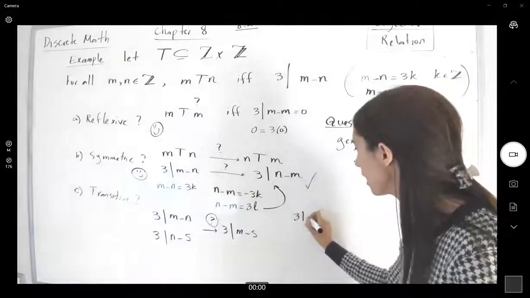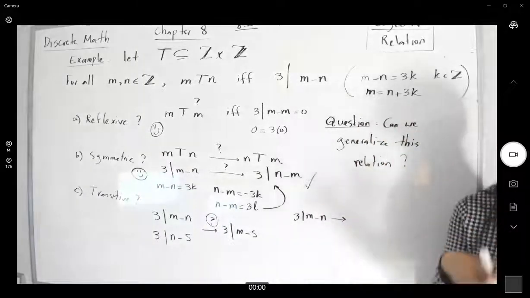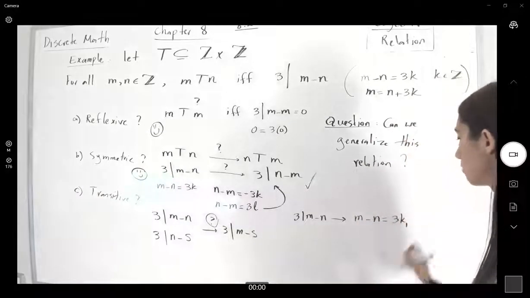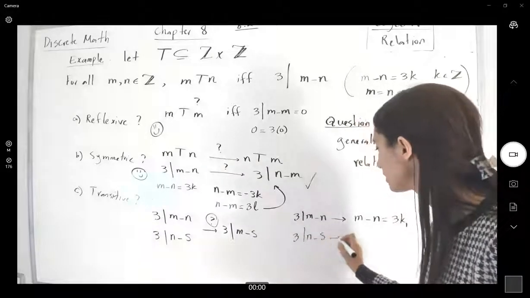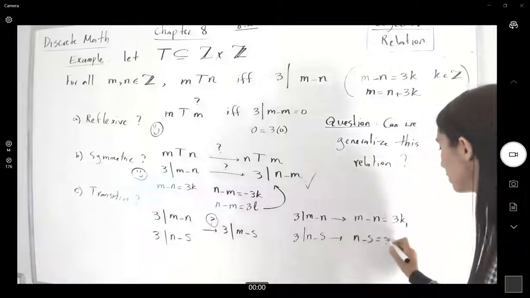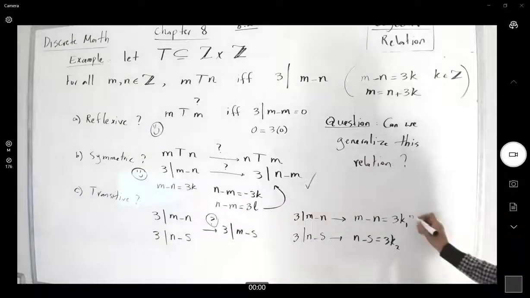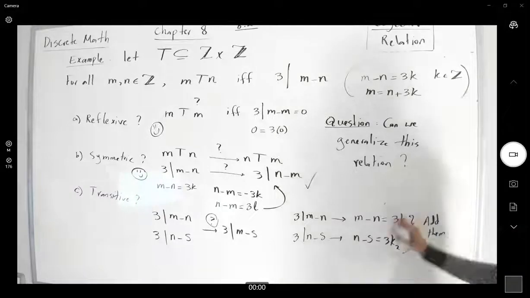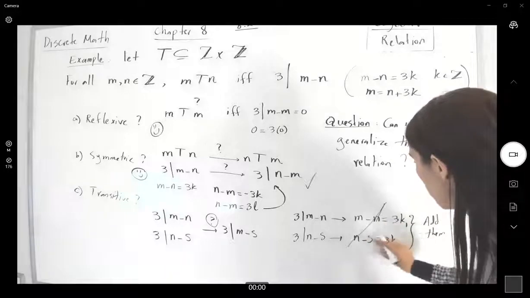3 divides M minus N. It means that there is an integer K1 such that M minus N is 3K1. 3 divides N minus S. It means that N minus S is equal to 3K2. Well, now I just say add these. If you add them, you can cancel out negative N and N. What's left?